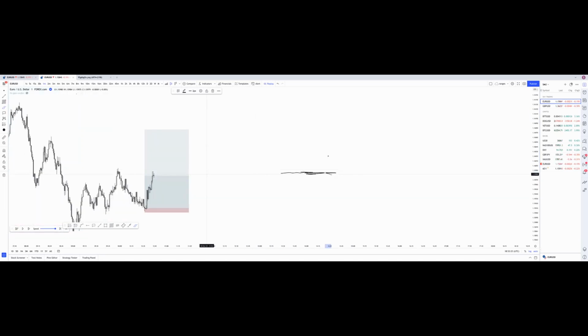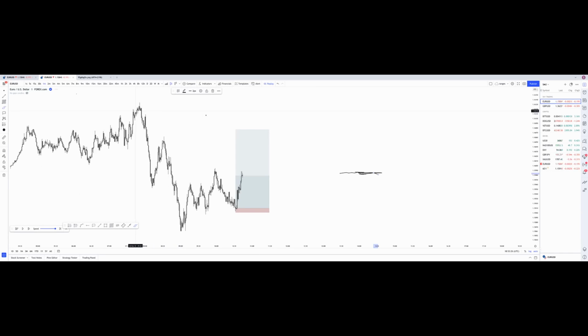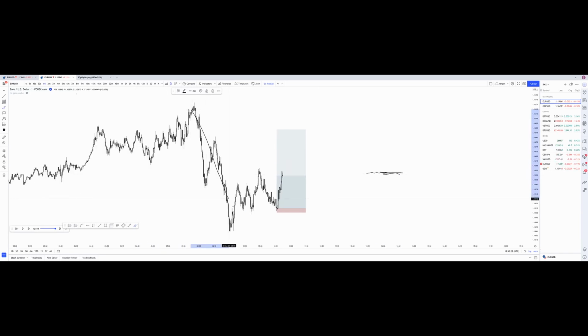But like this trade here, we've got this to this, so our target has to be within here. We can either target this, or we can target a mitigation above that using that as inducement, something like that. Or we can just target that high, and the liquidity above that high, and say, cool, that's done.